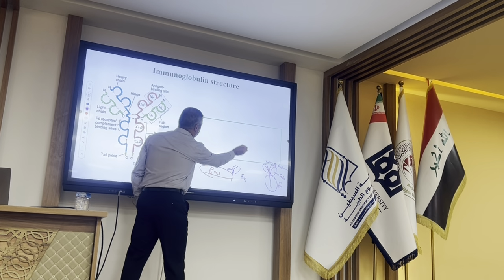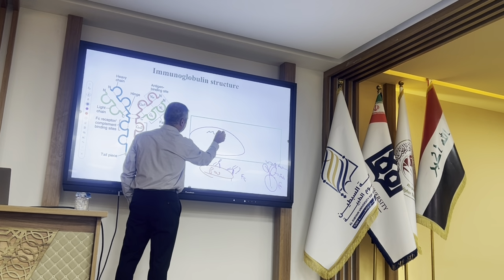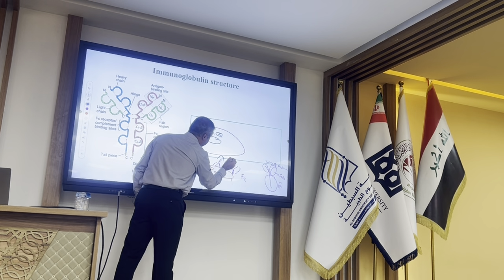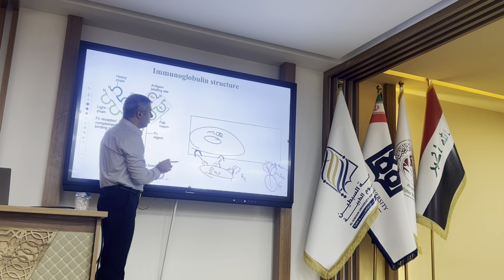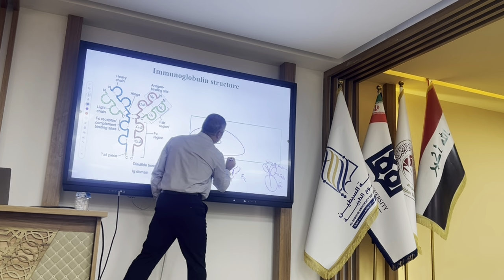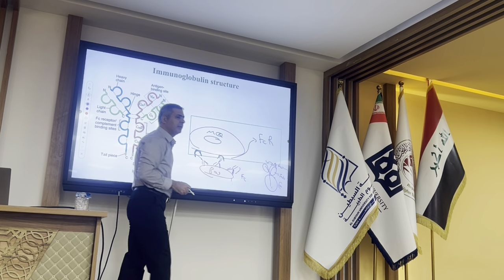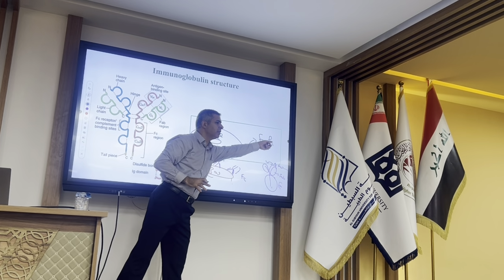So on the macrophages, we have some receptors that can bind to those antibodies. Those receptors are called Fc receptors, receptors for Fc. They bind to Fc.